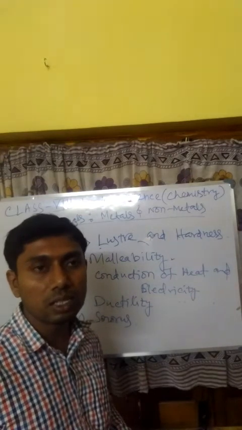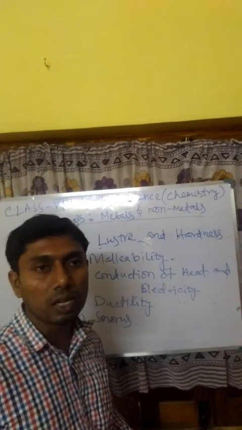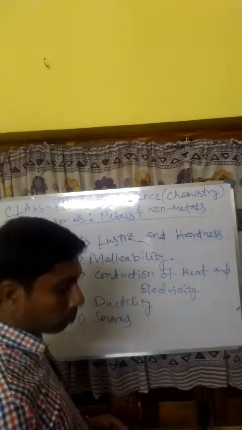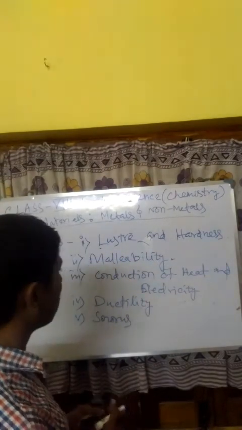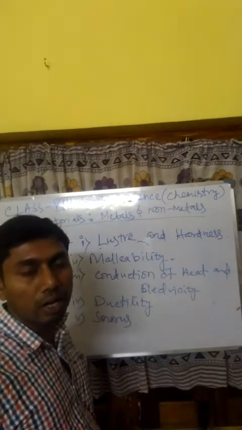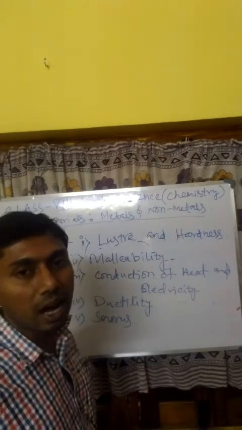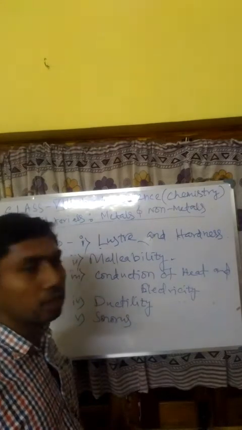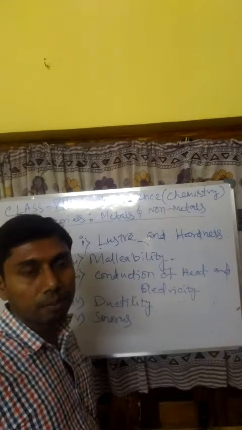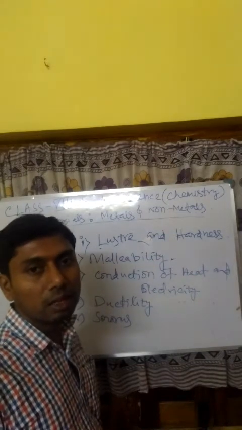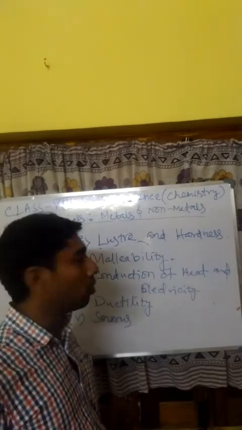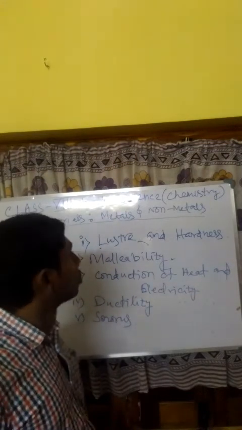Non-metals are non-sonorous in nature, but metals are sonorous in nature. For example, if we beat a metal rod or an aluminium sheet, a hard sound is heard. But if we strike a coal particle or sulfur powder, then no sound comes out from the substance.